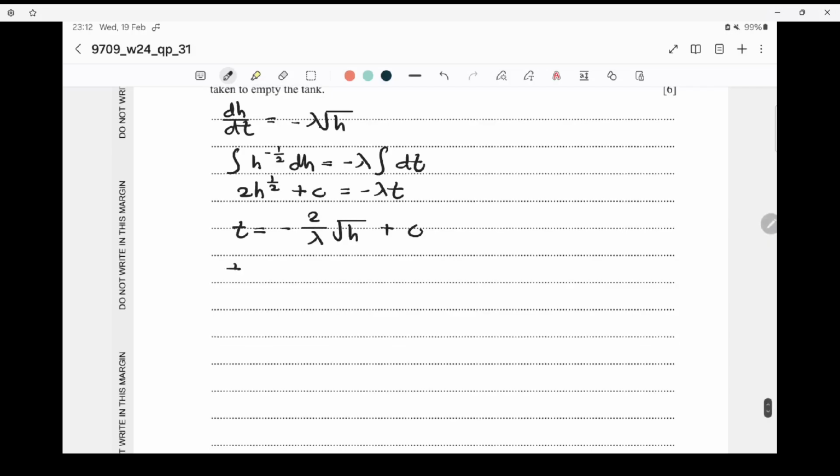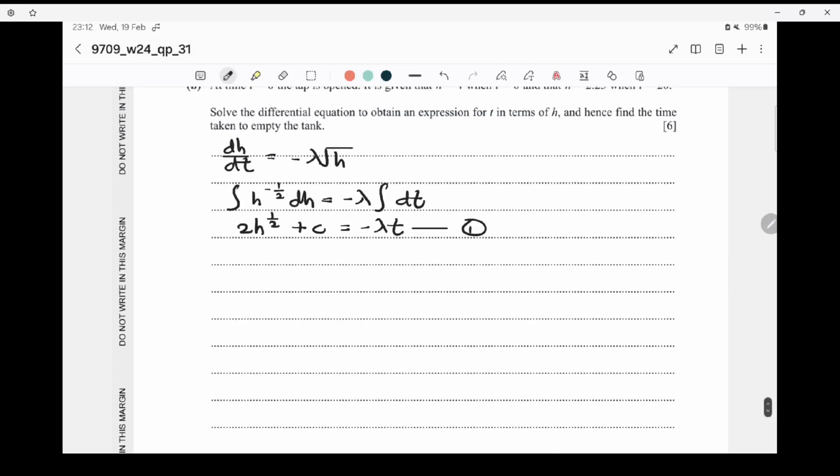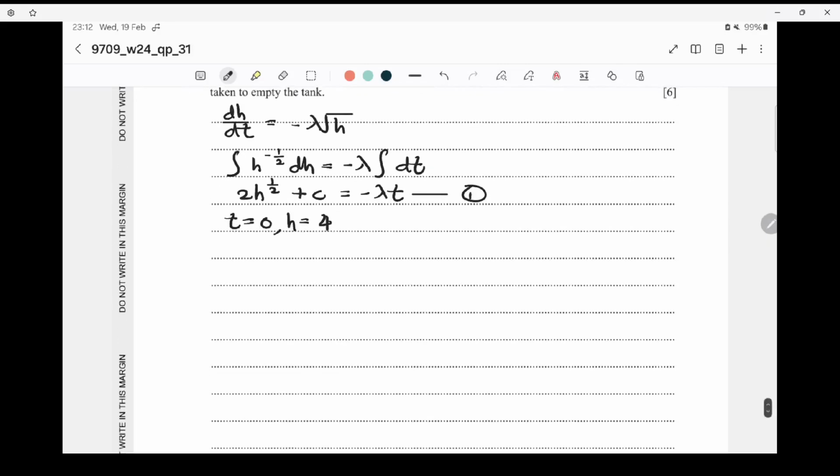So when t equals 0, h is 4. Perhaps it's easier if we do it this way first. The reason I think this is a better way to solve it is that I don't need to worry about lambda at the moment.